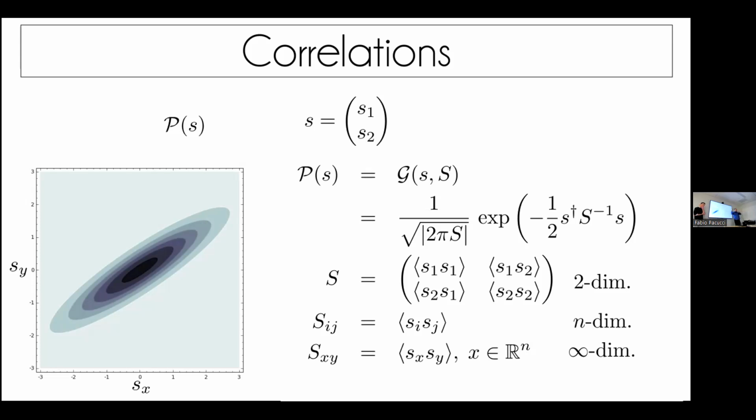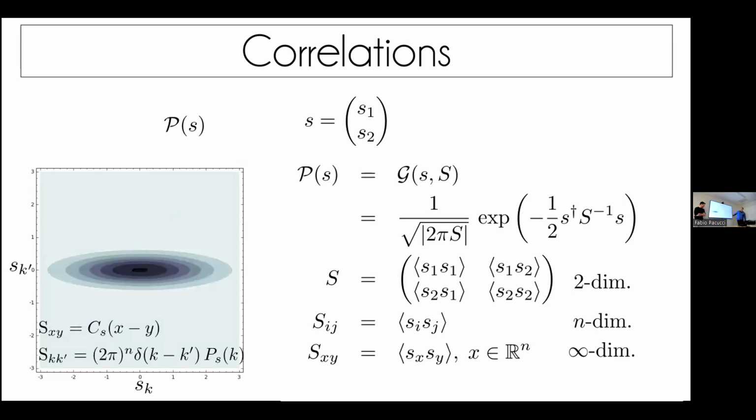And if this is true, that the 2-point correlation function only depends on the distance or the direction of these 2 points, but not on their location, then this correlation function is just a function of that distance.